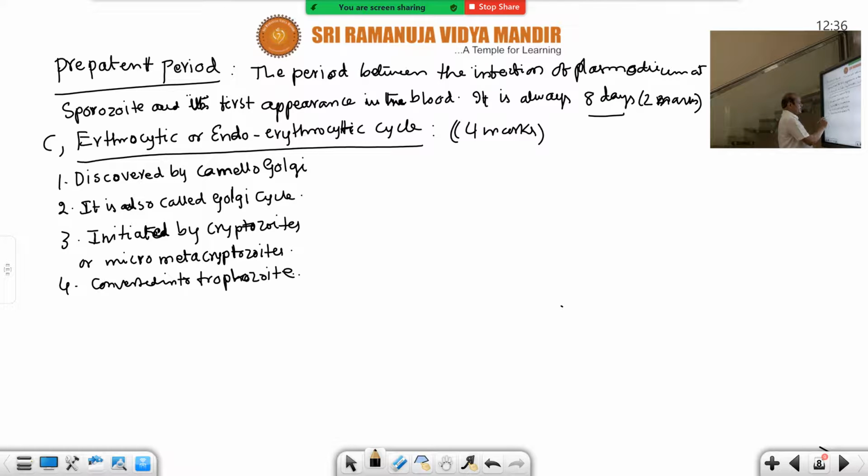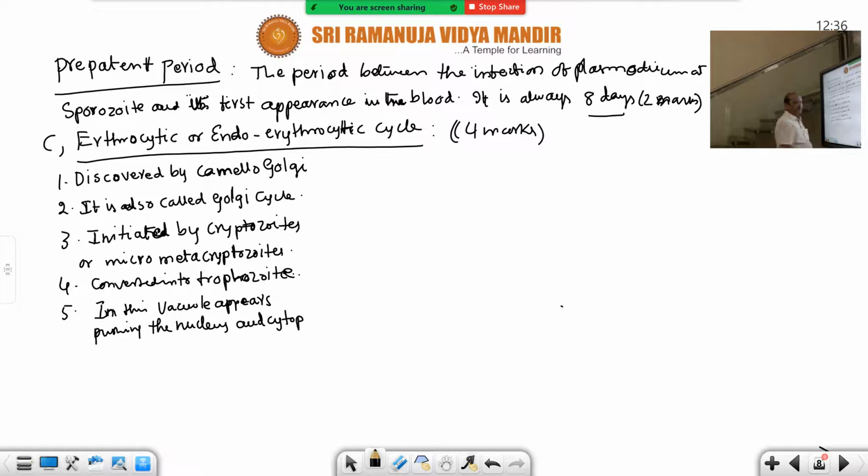Then in the trophozoite a vacuole appears, pushing the nucleus and cytoplasm towards the periphery. Pushing the nucleus, and I will show everything in the diagram. Nucleus and cytoplasm towards the periphery.